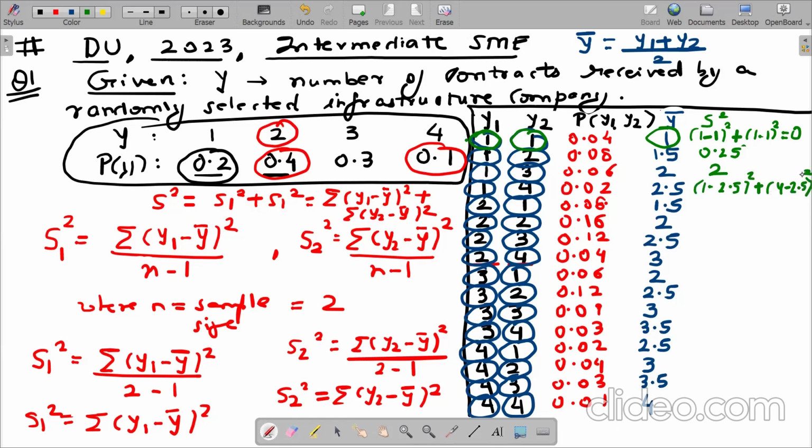So students can clearly see that 1 minus 2.5 comes out as minus 1.5, and if you square up, it's 2.25. And 4 minus 2.5 is also 1.5, square up 2.25. So 2.25 squared up, added up, gives me 4.5. So if I erase this off, I get the answer as 4.5.